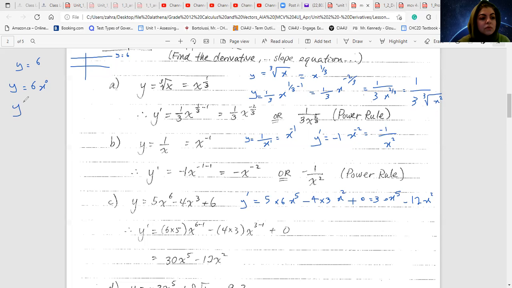If you apply the rule, which says power in front and power minus 1, the power is 0, and 0 multiplied by anything is 0. So I prove graphically and algebraically that y prime is 0 if the y is constant, if your function is constant.